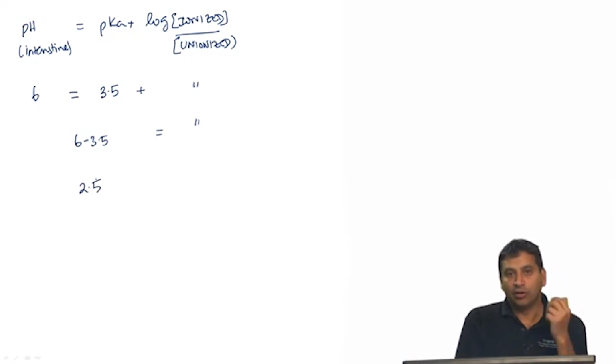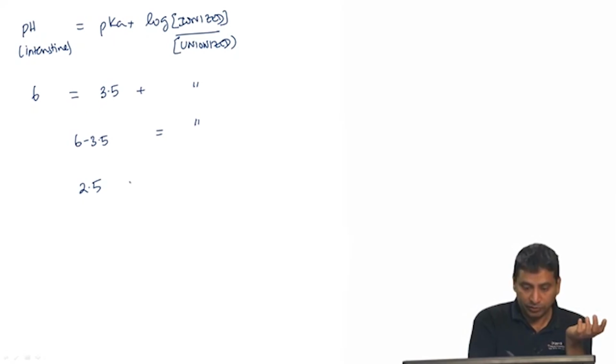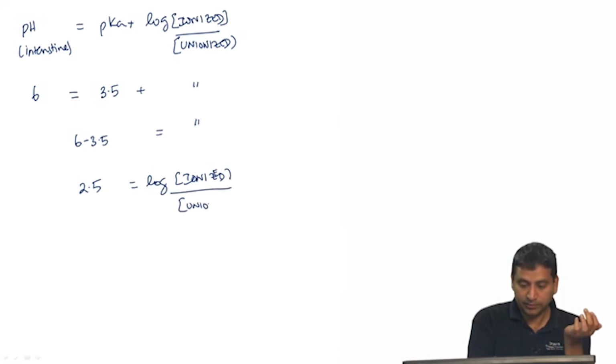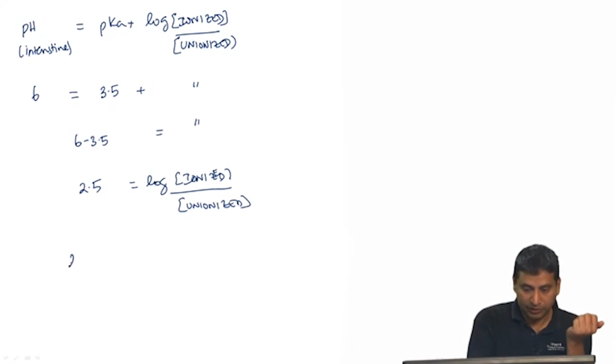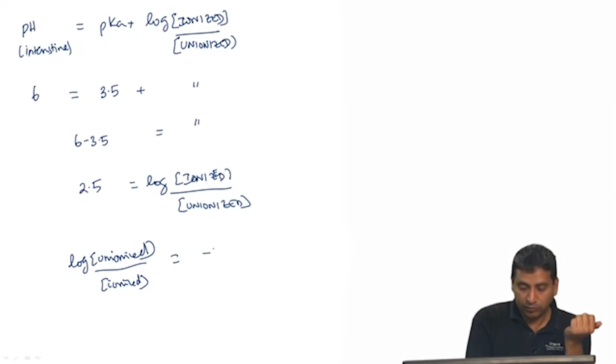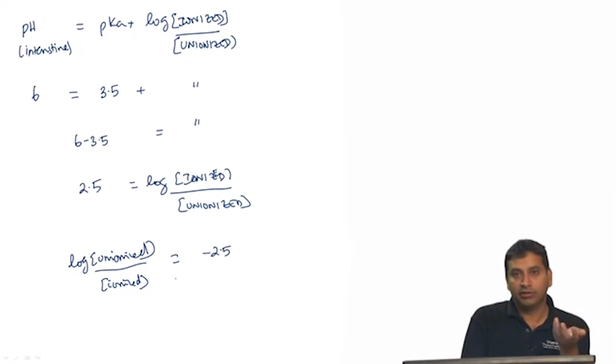Okay. So, in order for us to look at this number, this is basically log of ionized by unionized. If you take the inverse of this number, which is basically log of unionized divided by ionized, you get a value of minus 2.5, which is exactly identical to what we got in the previous case.